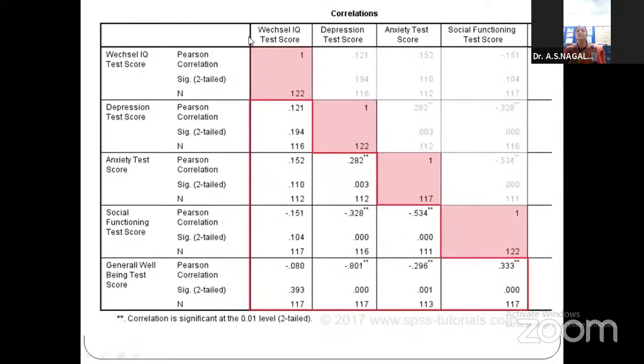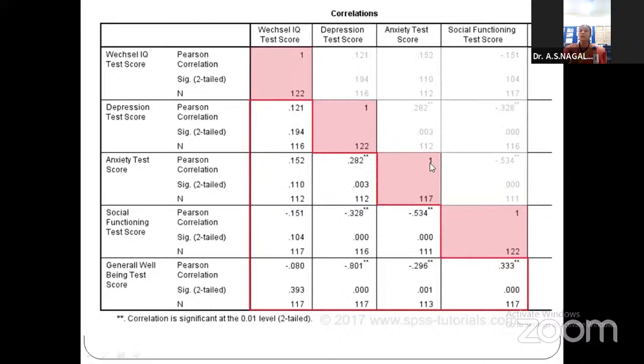See here, you will see the same item will have 1. For example, depression test score and depression test score will be 1. So we will not take this colored box. We'll be taking the other values. These are both similar, reflecting whatever value you have at the bottom, the same value is at the top.